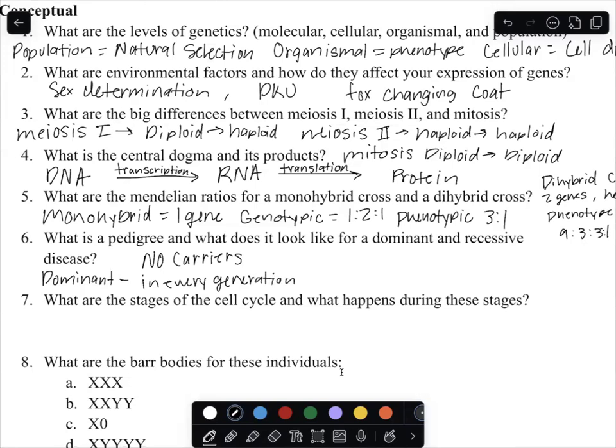And then for recessive, you have carriers and it kind of skips around because you have to have a homozygous recessive to have the disease. So it skips. And this has carriers.